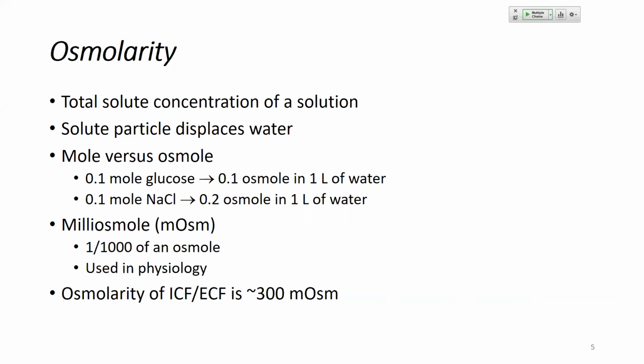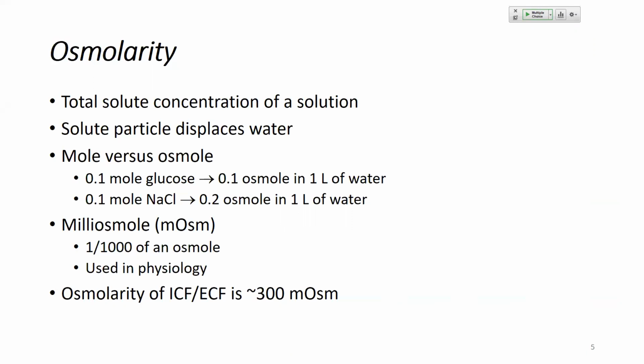Then we speak about the milliosmole, and this is specifically for body fluid composition. Okay, when we speak about the osmolarity of extracellular fluid, of intracellular fluid, we use the milliosmole because we're speaking in fractions of an osmole. Okay, 1/1000th of an osmole, and so we use milliosmole specifically for body fluids.